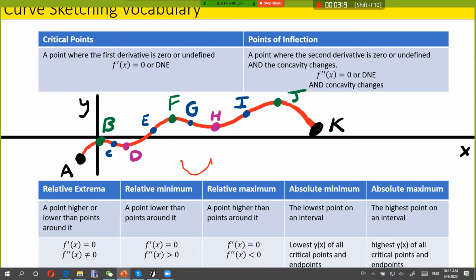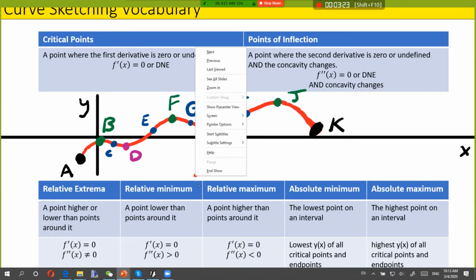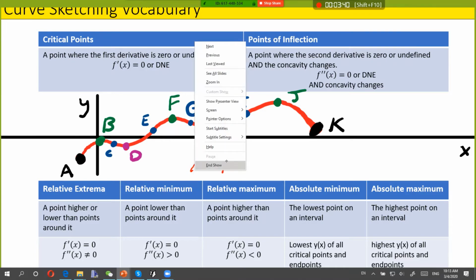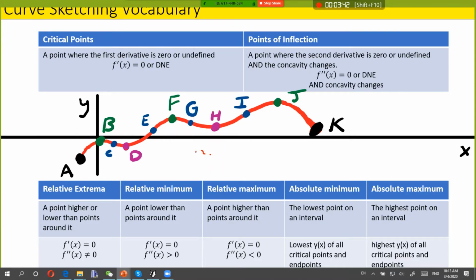At D, we have something that looks like this, where our function is concave up and our slope is 0 at that point. So that would be a relative minimum. For a relative maximum, the opposite would be true. So I would be concave down with a slope of 0.